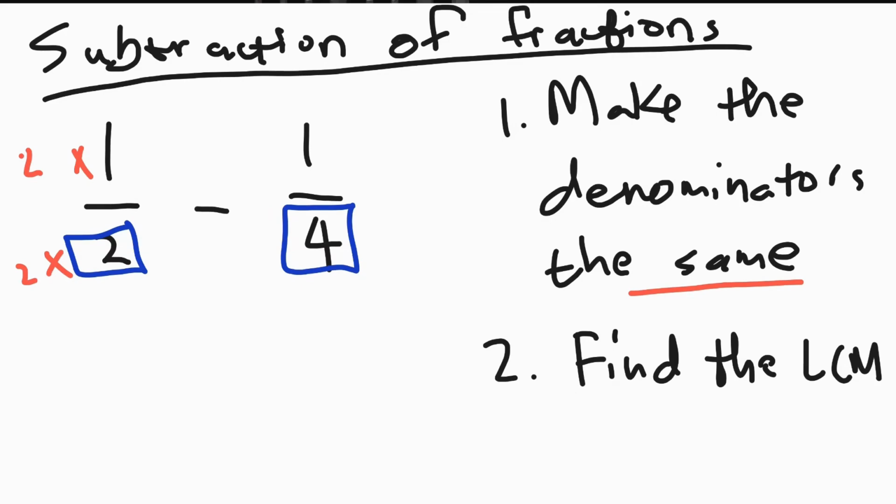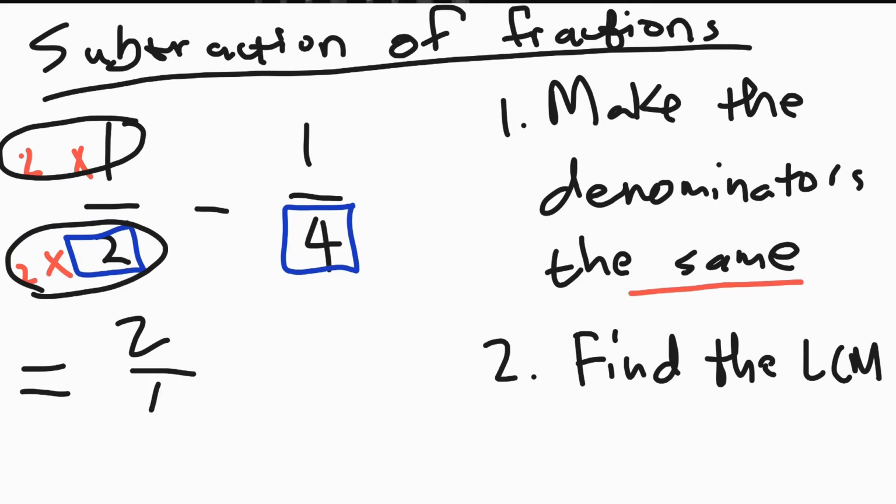Okay, so what do we do here? We can say 2 times 1 over there is going to give you 2, and 2 times 2 is going to give you 4. You keep your subtraction sign there. You're basically just bringing it down. Okay, and then the whole quarter over here you can bring down.